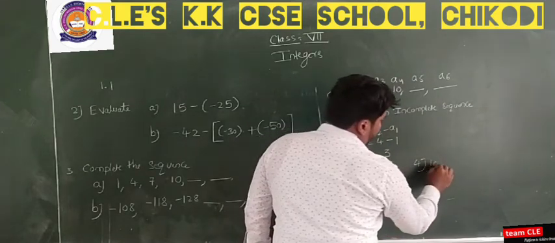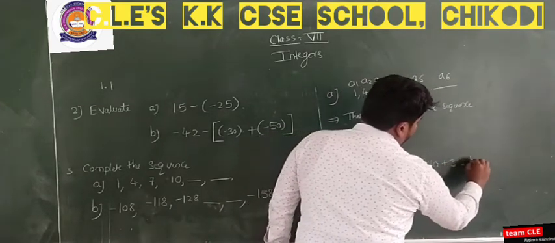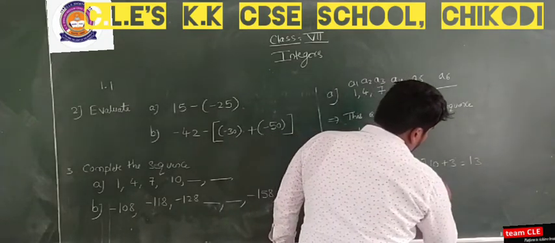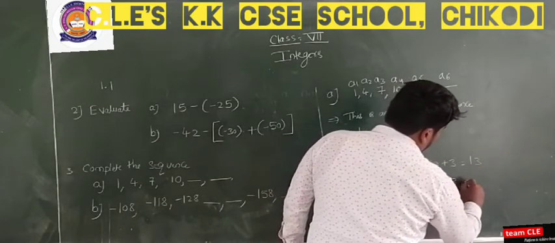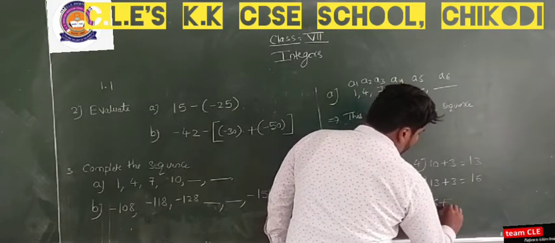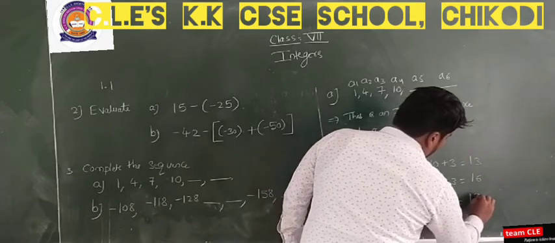Fourth one, take 10 as it is: 10 plus 3 is equal to 13. Fifth one, 13 plus 3 is equal to 16. Sixth one, 16 plus 3 is equal to 19.